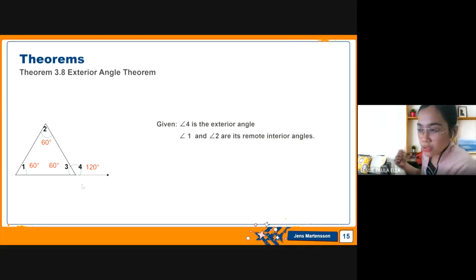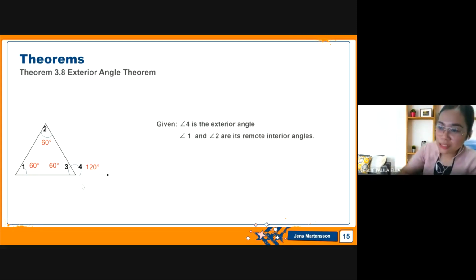If you have a protractor, you may notice that this gives us 180 degrees. So if the value of angle 3 is 60, and this should form 180 degrees, what you need to do is to add 60 to 120 in order to form 180 degrees.